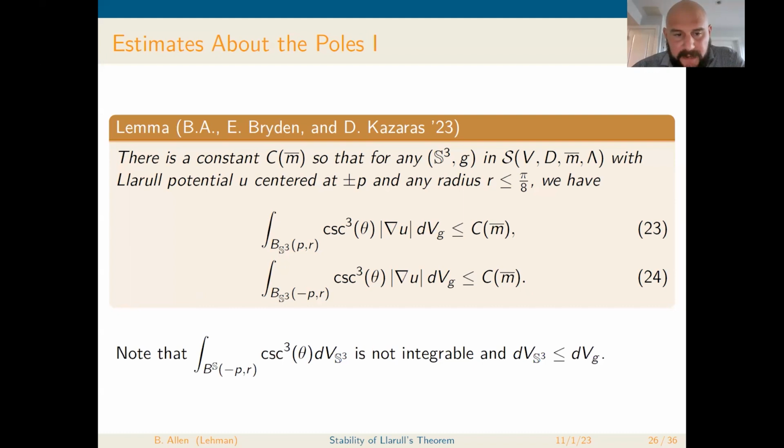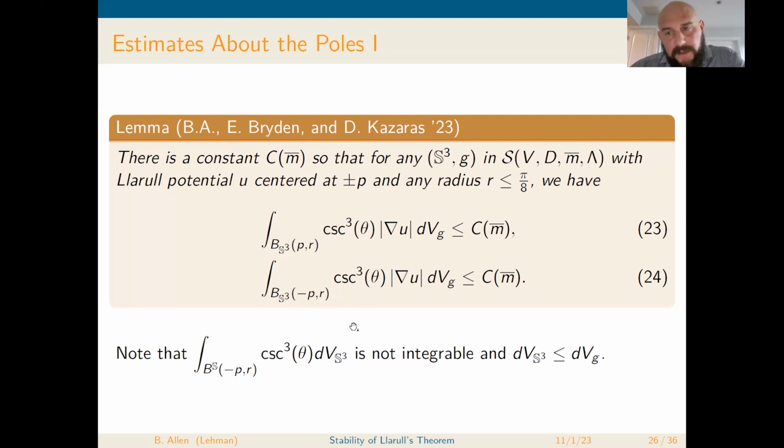Remember that on the round sphere, if you integrate cosecant cubed, it's not integrable. We also know that the volumes between the round sphere and the metric G are comparable in this way, so this also should not be integrable, but you have this gradient term. That means this is a very weak way of saying that the gradient has to go to 0 near the pole.